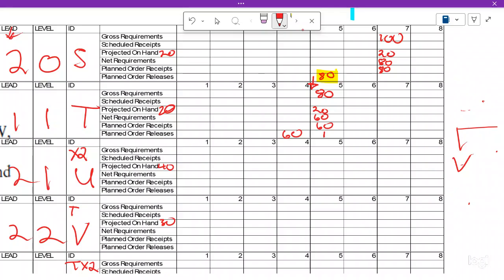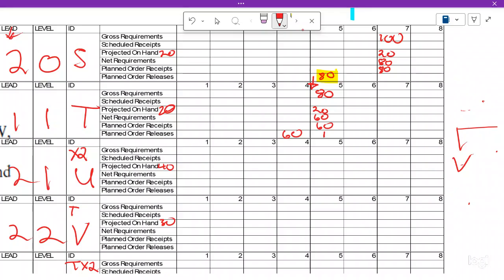Then we needed 80 of this. When we place an order, how many of T are we supposed to place? We place an order of 80 also. We need 80 calculators to make this full calculator. We need 80. But how much do we have on hand?